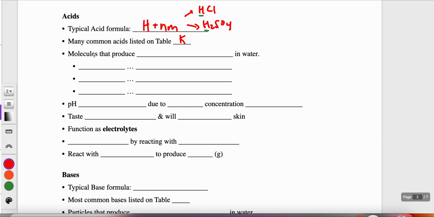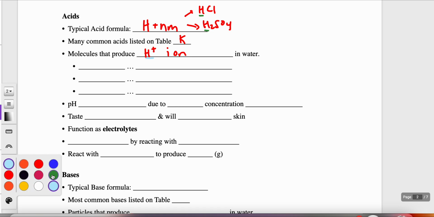So here is the key with acids. These are molecules that produce a H plus hydrogen ion in water, in solution. And so the H plus ion is our key factor of why a solute functions as an acid, because it produces that H plus ion.